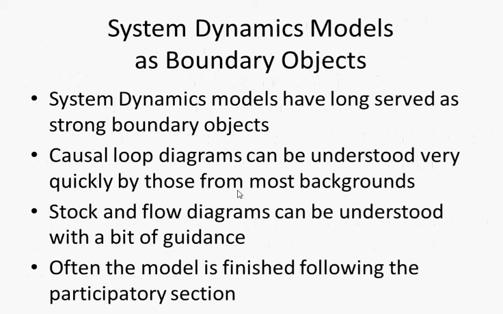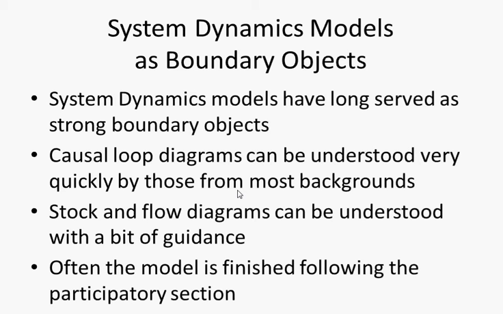System dynamics has long served, by contrast, as a sort of leader in terms of applying the use of models as boundary objects. And this is because within system dynamics, models are often quite a bit more transparent than was traditionally the case in other modeling methodologies.